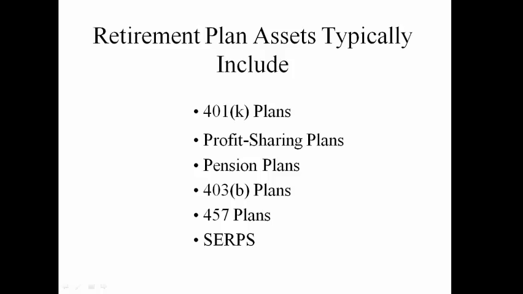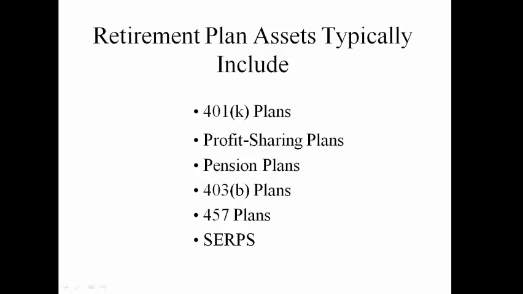Next, we have 403b plans. 403b is the 401k cousin, which is adopted mostly by tax-exempt organizations, primarily schools and hospitals and nursing homes for employees. And it contains both employee and employer money.